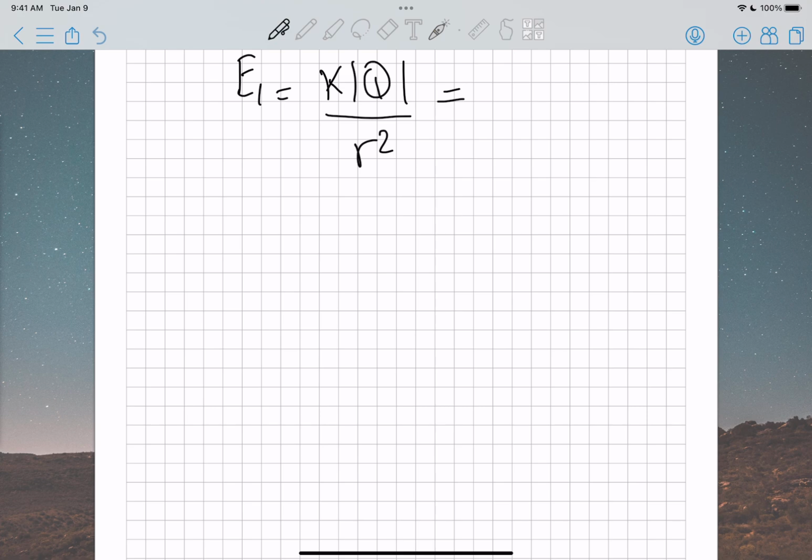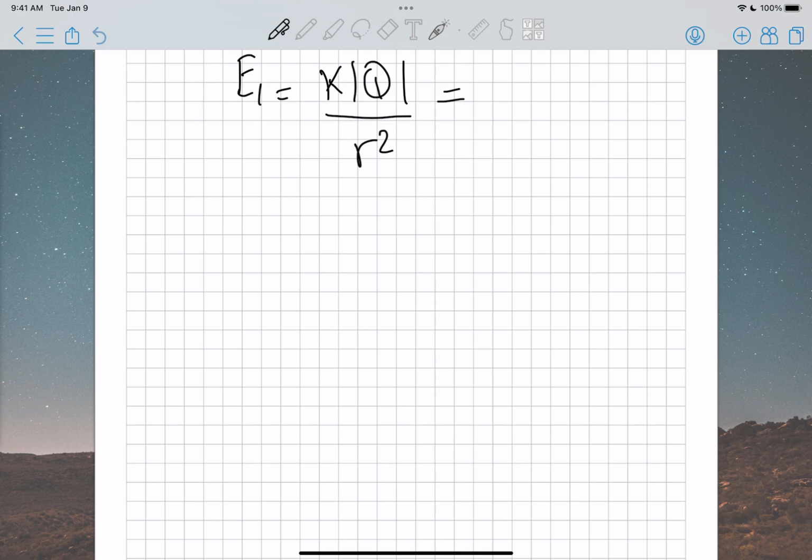So how can we figure out x and y components of an electric field? Okay, yep, excellent.